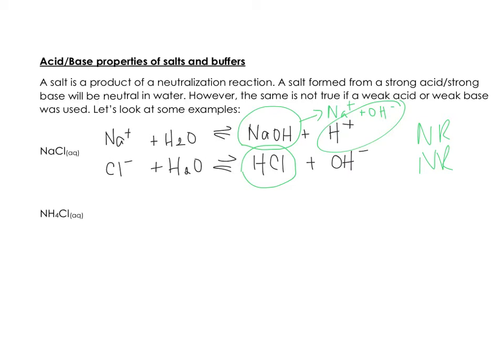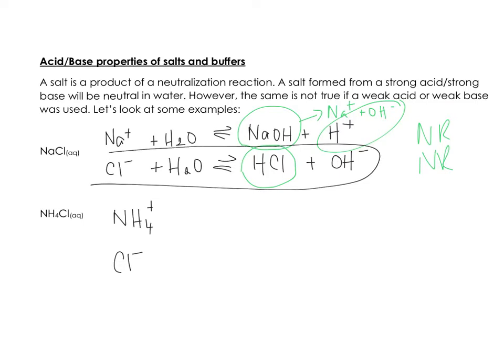Now let's look at what happens when you don't have a strong acid or a strong base. So here we have ammonium, and we have chloride. We don't need to write out the chloride again. We've already done it right here. So we know that that is going to be no reaction, so that's an NR. But what happens with the NH4 plus?